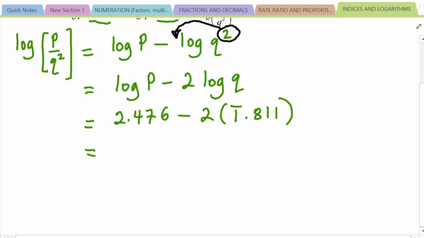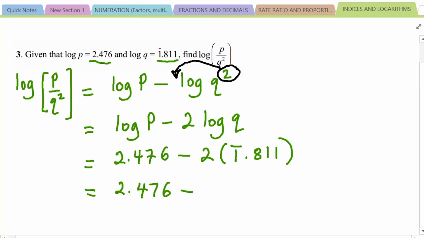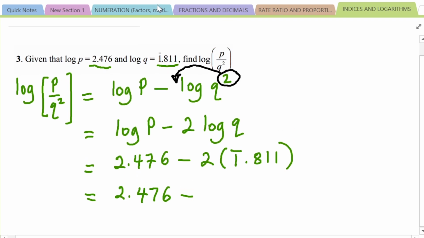So this is going to become 2.476 minus 2 times, in the brackets, a logarithm that has a mantissa and a negative characteristic. In other words, we have this as the negative characteristic and this is the mantissa.